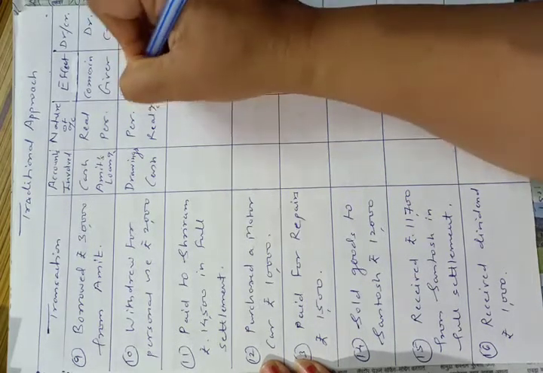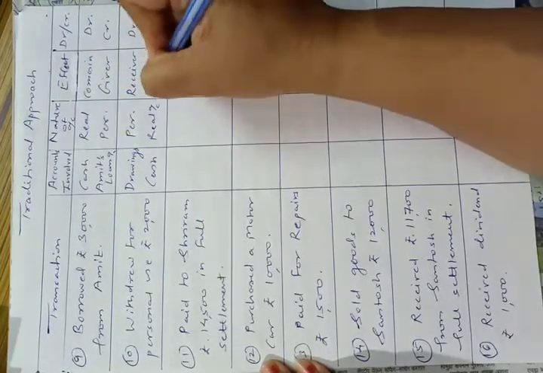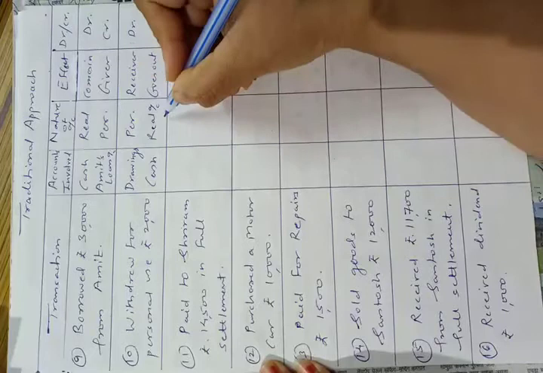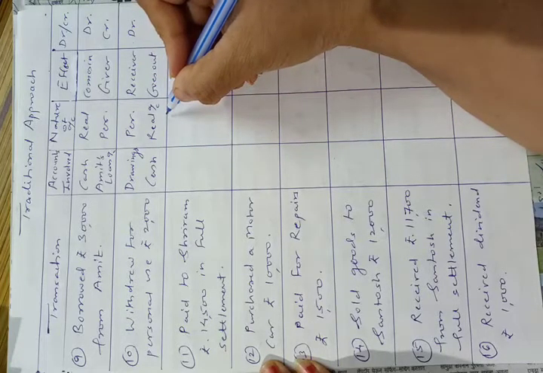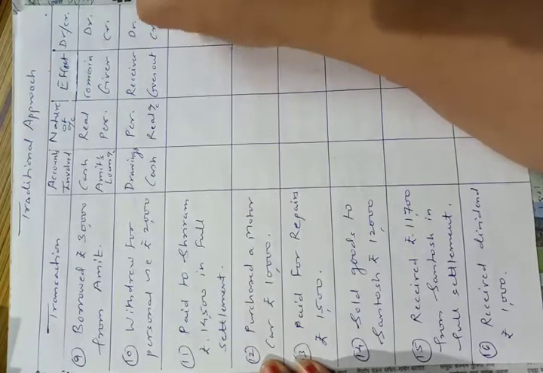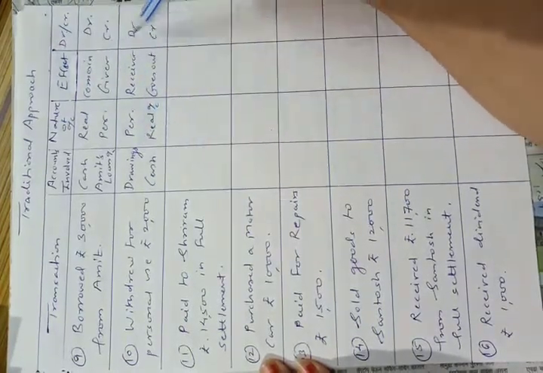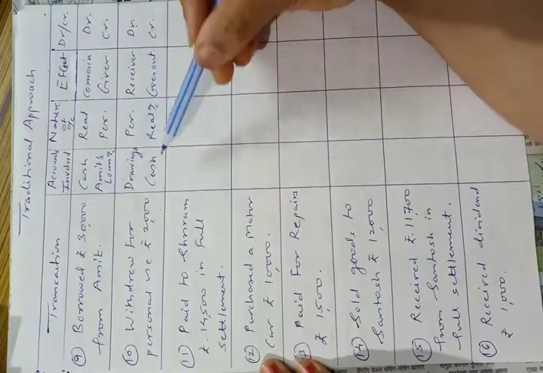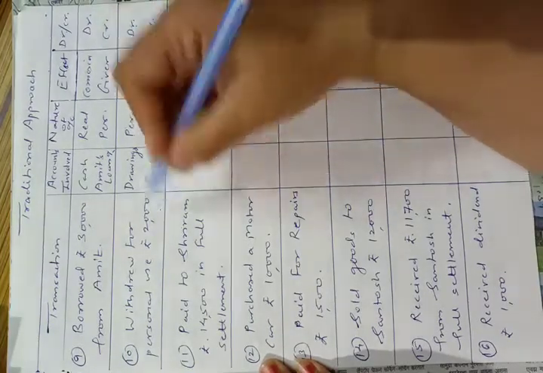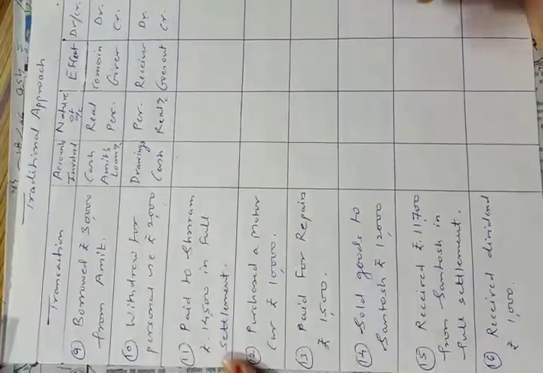Here the owner is the receiver, so debit the receiver, and cash goes out from the business. The rule says debit what comes in, credit what goes out, so cash account will be credited. In this entry, drawings account will be debited by rupees 2,000 and cash account will be credited by rupees 2,000. Okay, now the next entry.